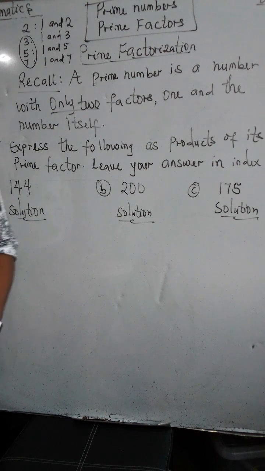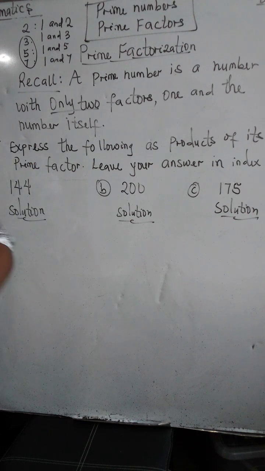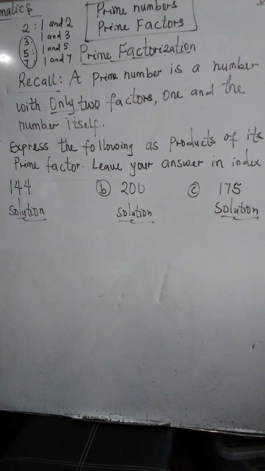Well, if there are just two factors only, that number becomes a prime number. It becomes what? A prime number. So, we cannot be talking about prime factorization without taking us down memory lane to remember what prime numbers are so that we can easily identify the prime numbers, right?